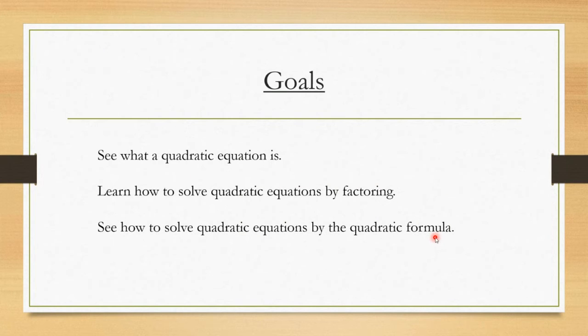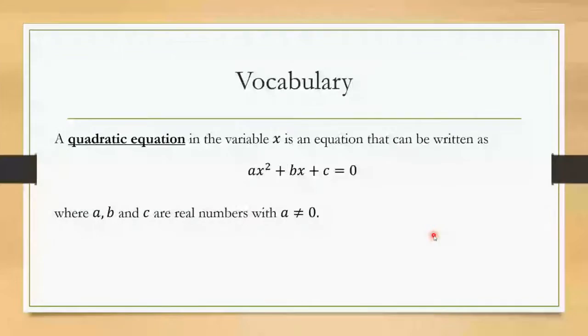All right, that's good. So again, just like before with equations, we need some vocabulary. What is a quadratic equation? Well, this is what it is basically. It's an equation that you can write in this form. When I say write in this form, what I mean is any of those techniques that we use to solve an equation, like adding something to both sides, multiplying or dividing by the same non-zero number, or simplifying either side.